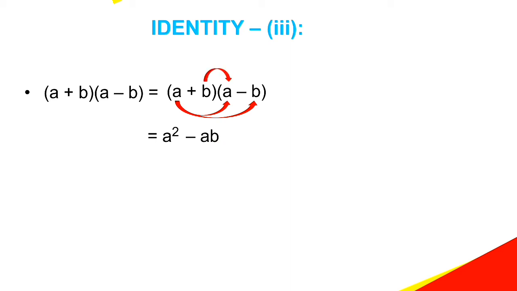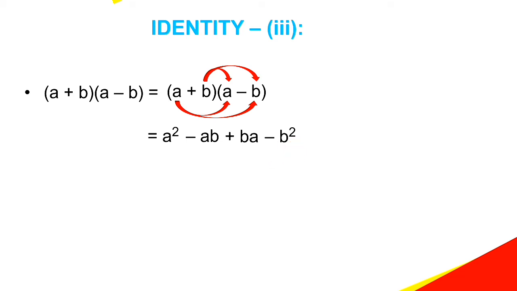Next, B into A can be written as plus BA. Next, what can we write? B into minus B, plus into minus is minus, B into B can be written as minus B square.